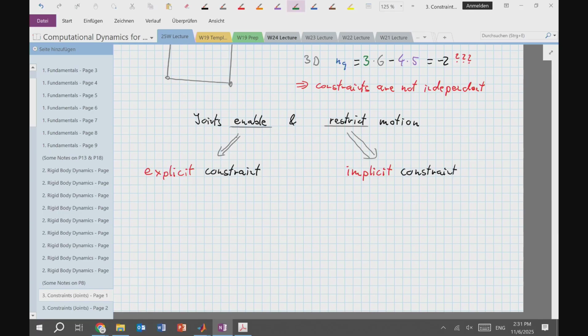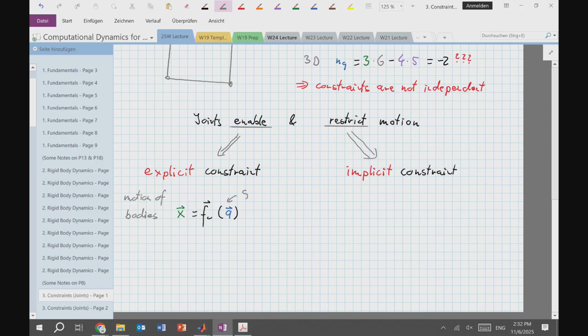An explicit constraint will be formulated as some vector x, which is at this point very loosely defined, but is basically the motion of the bodies, is an explicit function that we call fc, the constraint function fc, of the generalized coordinates q that describe the motion in the individual motion primitives.